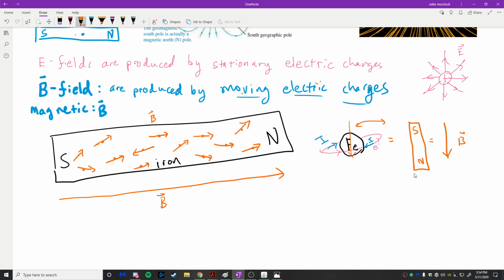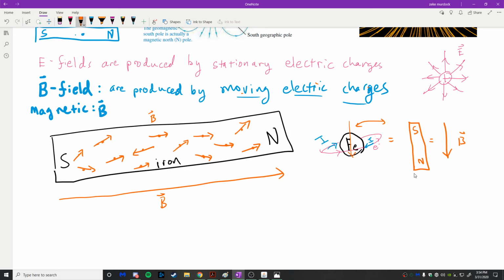So let me go back through in general what the idea is. An iron bar is composed of iron pieces that are randomly oriented. If we can get enough of these iron atoms to line up in the same direction, what I mean is that if you have an electron moving around the iron atom, we can treat that as a magnet. The current flow produces a magnet.